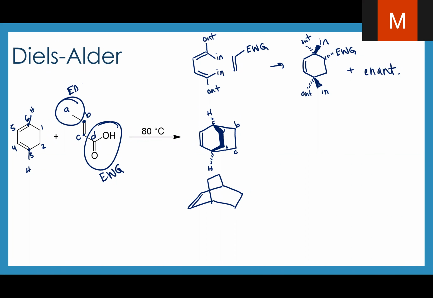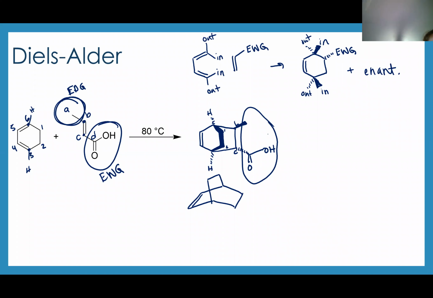So we have our electron donating group and our electron withdrawing group. So what we want to do is put the electron withdrawing group going down, and then you can consider your electron donating group. Since our electron donating group is trans to our electron withdrawing group, we're going to draw it up in our product so that these two remain trans to each other.